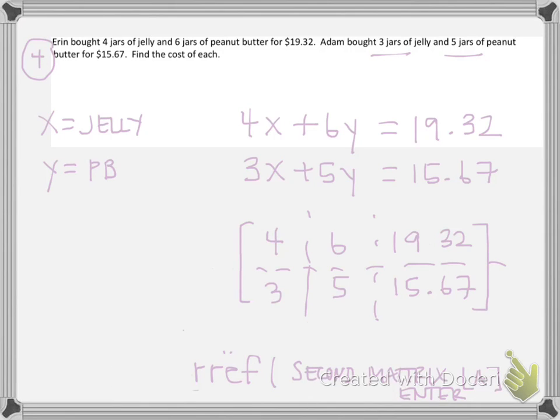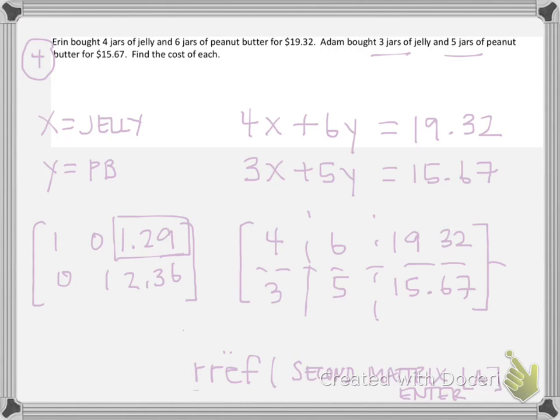Okay, so in your row reduced matrix, you have this 1, 0, 1.29, 0, 1, 2.36. So that means that this right here, it's row reduced.